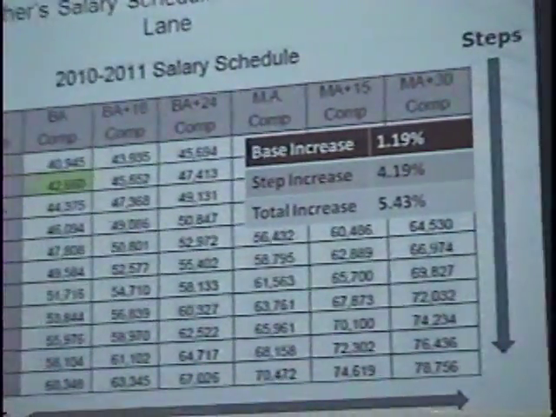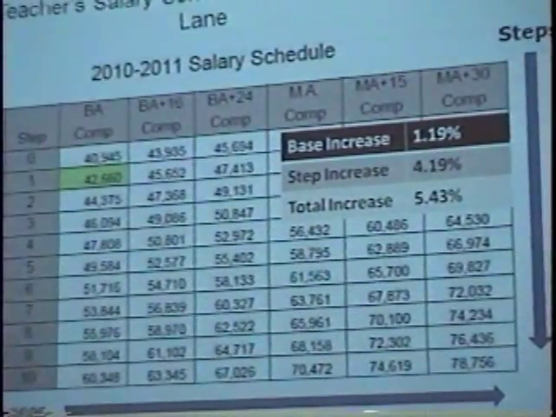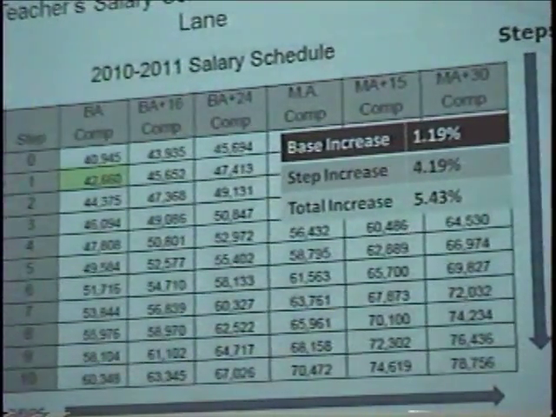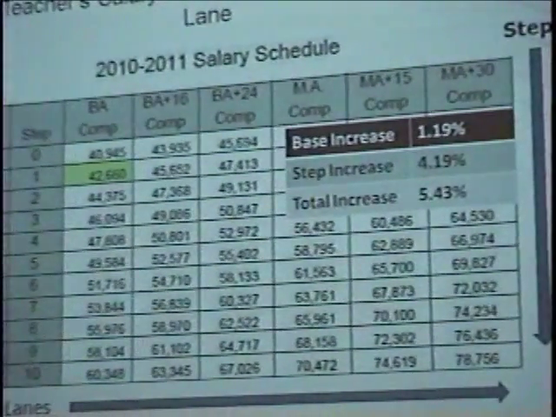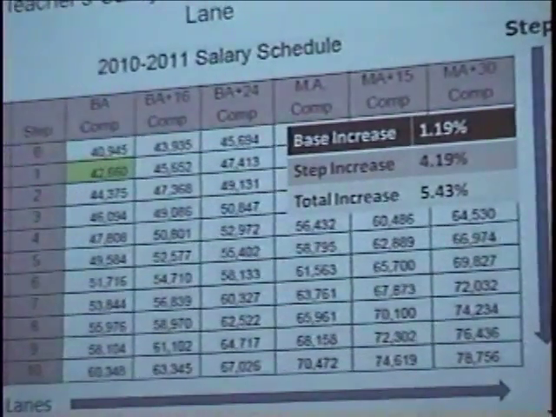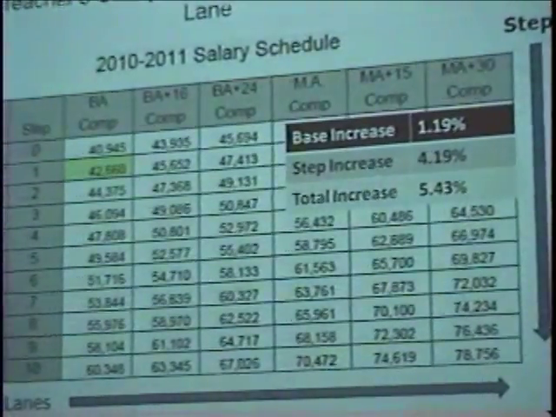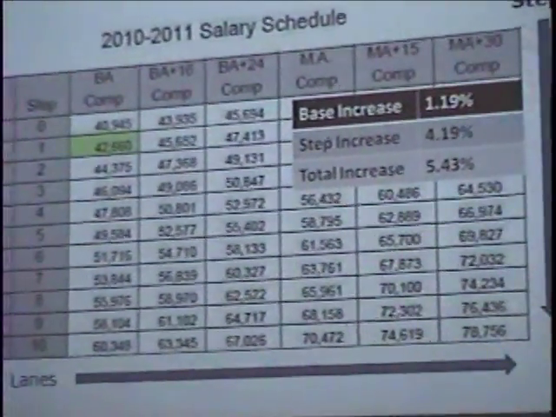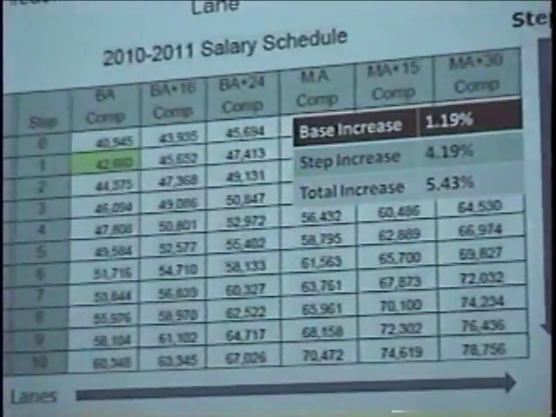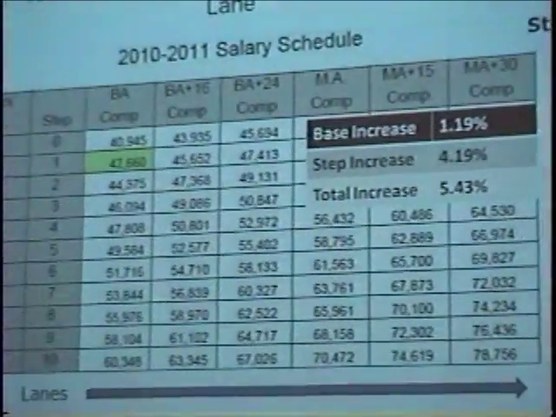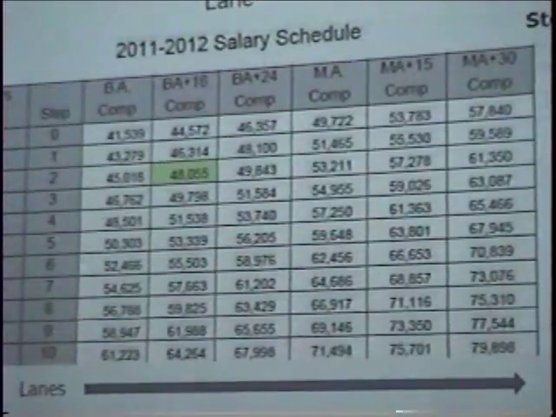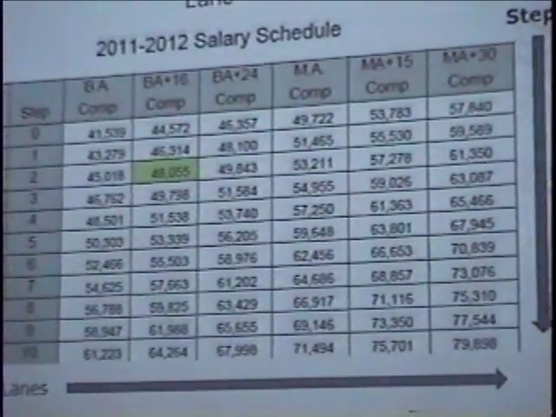So if we calculate her base increase, that was 1.19%. Her step increase for having another year of experience on top of her base is 4.19, and the total increase is 5.43%.